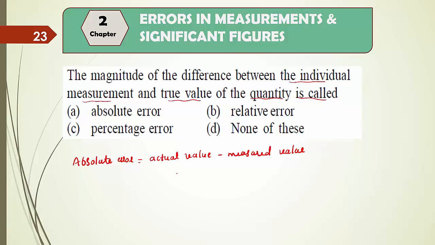What is absolute error? Actual value minus measured value. You can observe the above question: the difference between individual measurement and the true value gives absolute error.